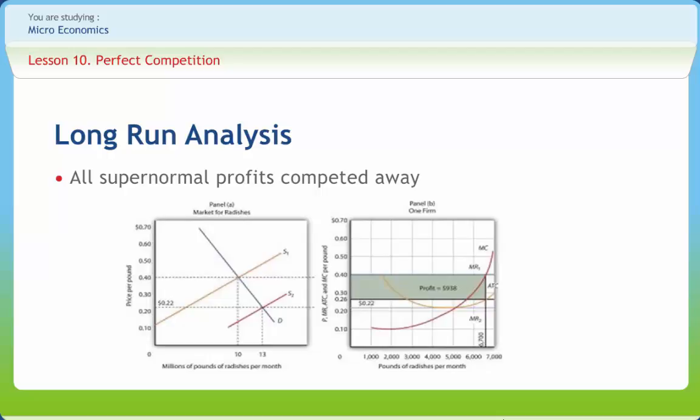If firms, or say for our case, individual farmers in the market are making an economic profit, entry will occur in the long run. In panel B, a single farmer's profit is shown by the shaded area. Entry continues until firms in the industry are operating at the lowest point on their respective average total cost curves and economic profits fall to zero.